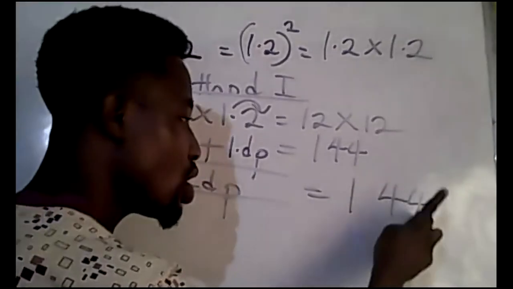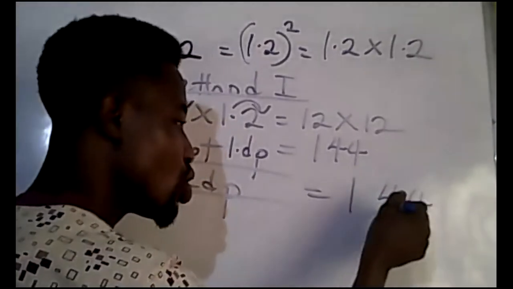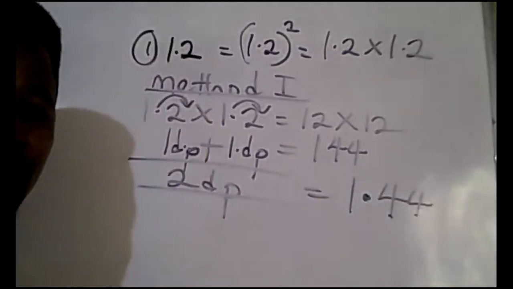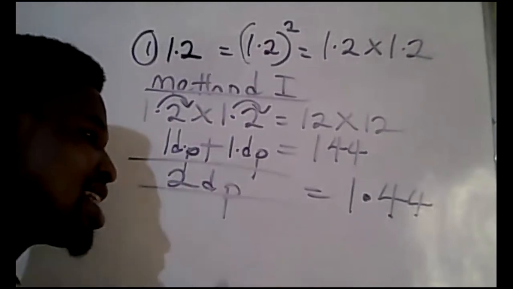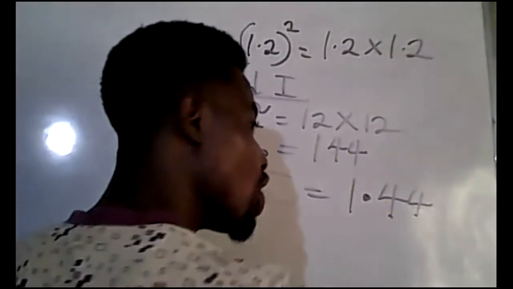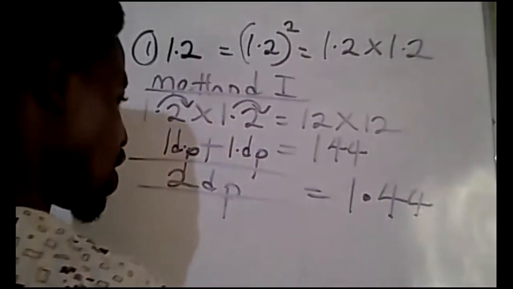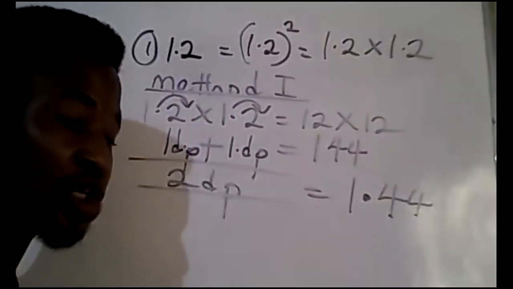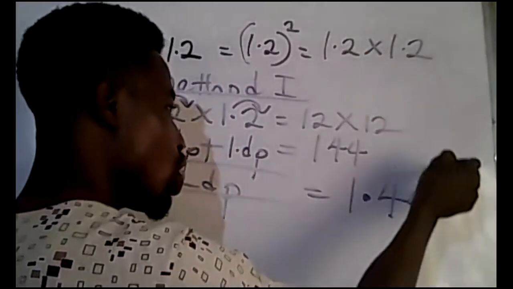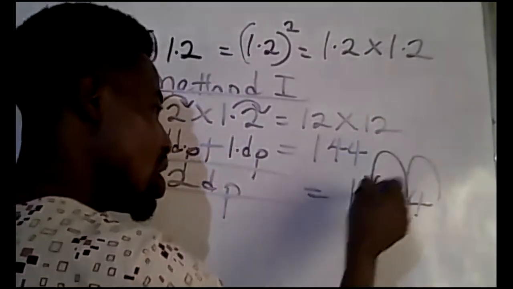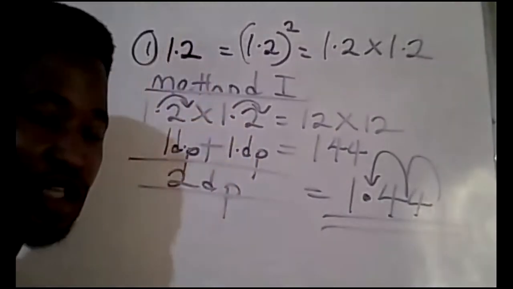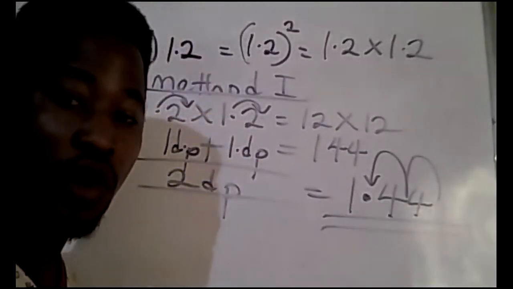So in your answer, count 1, 2. Then you put your point, and that's your answer. Or better still, you bring the decimal point from your right to your left, inwardly. How many decimal places? 2. So you go to 1 and 2. It's still the same thing. So your answer is 1.44.